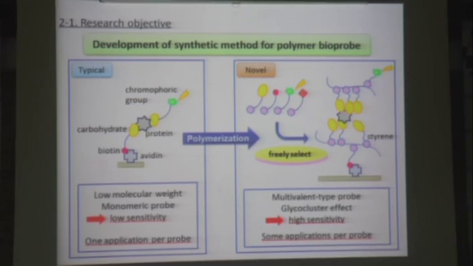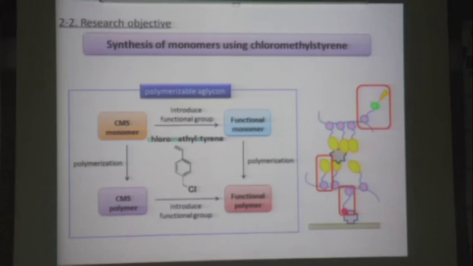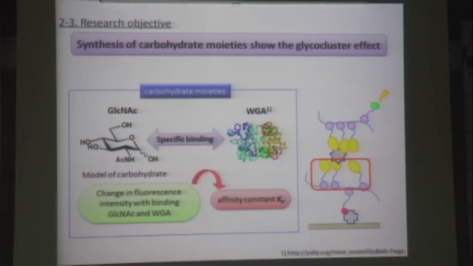In addition, we can choose monomers for the synthesis of bioprobe for many applications. We describe a conventional way for glycopolymers using commercially available reagents and 4-chloromethylstyrene as a starting material. And we also describe the biological evaluations of the glycopolymers having N-acetylglucosamine moieties for WGA as a model protein.